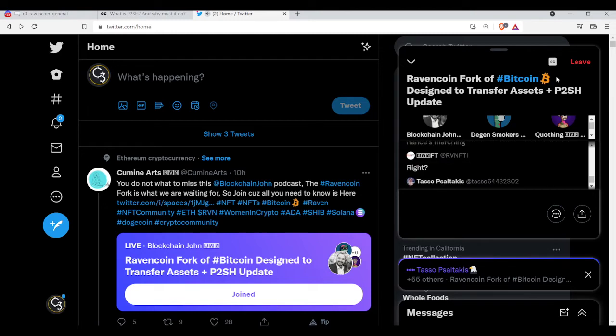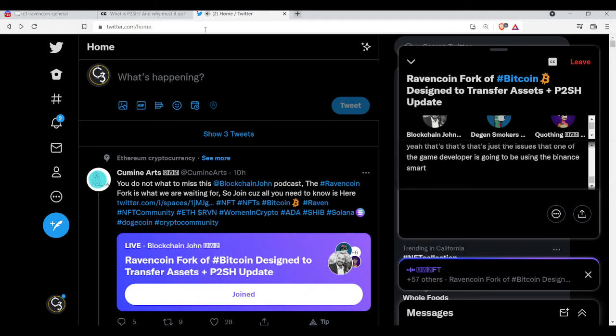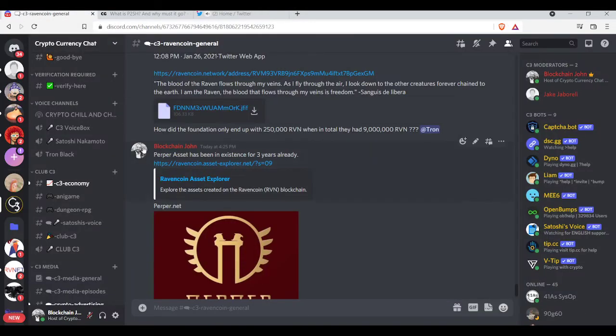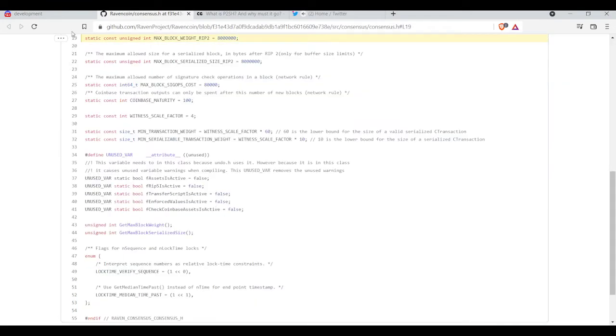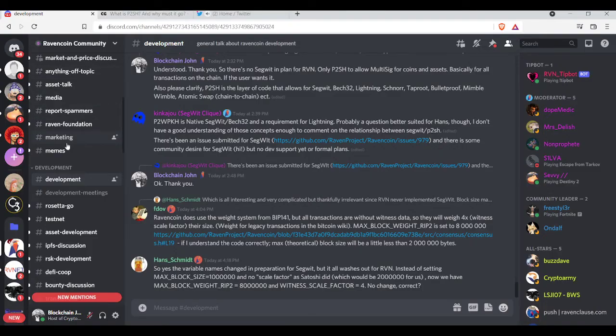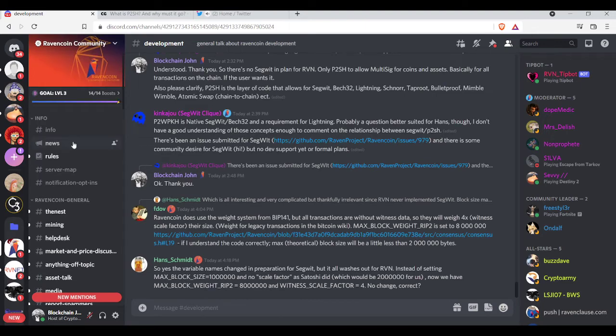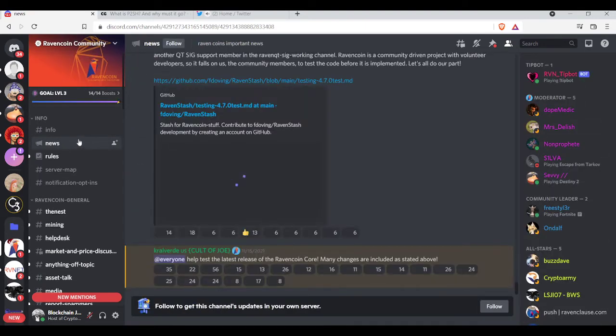Correct me if I'm wrong, but by what he mentioned earlier, if we're able to do Raven through the Binance Smart Chain, then because you could do the Binance Smart Chain through MetaMask, technically I think it should work that way. Right. That's pretty neat. On MetaMask, you do have access to the BSC mainnet, so I don't see why you wouldn't be able to.